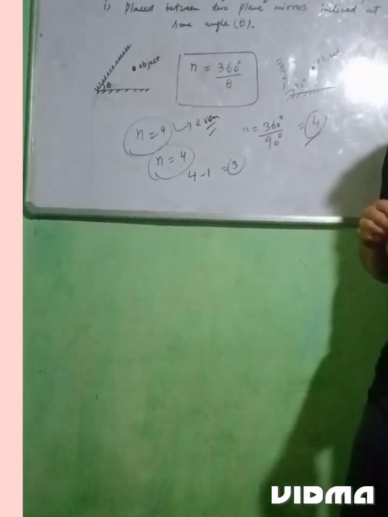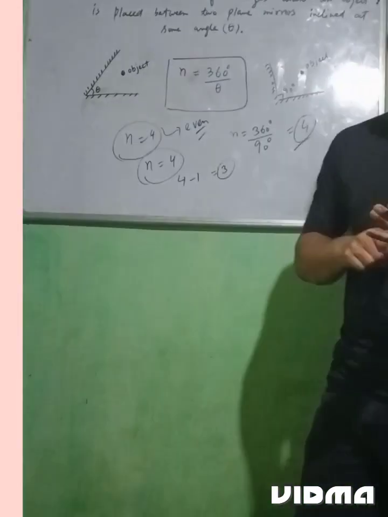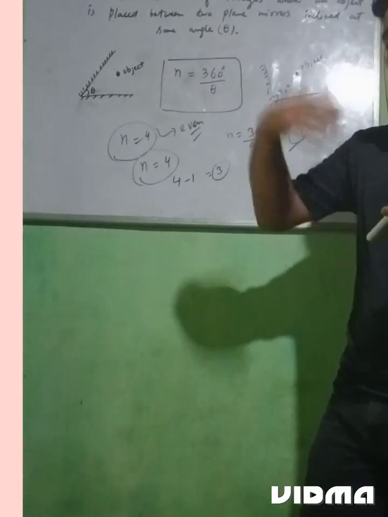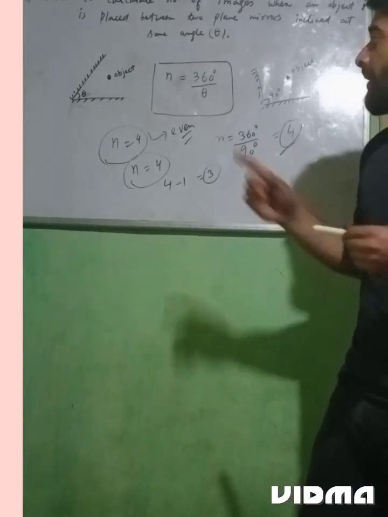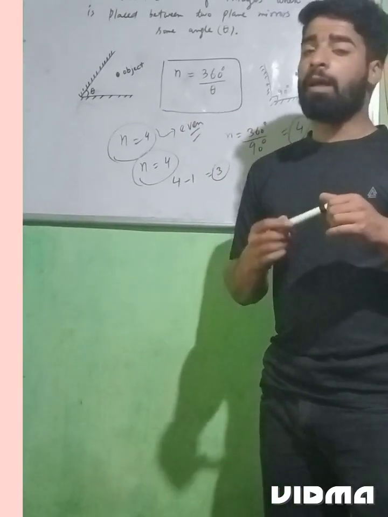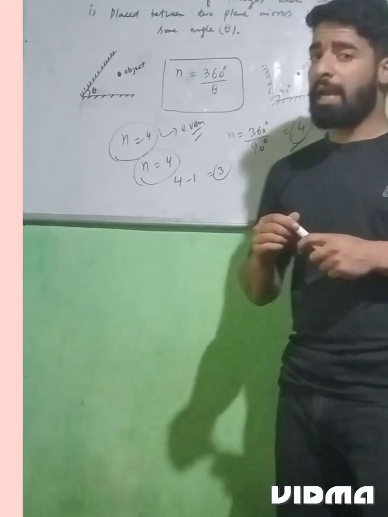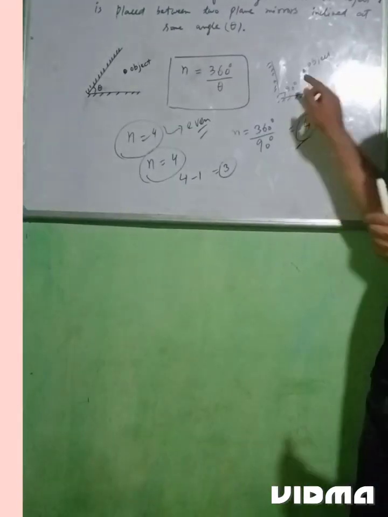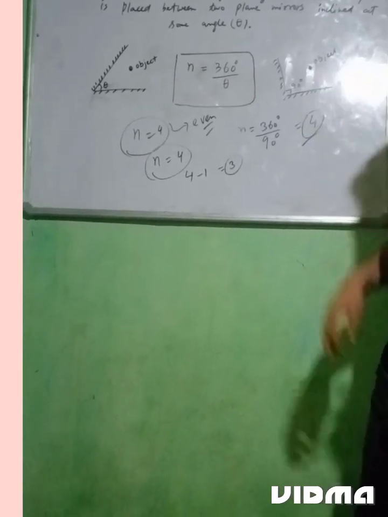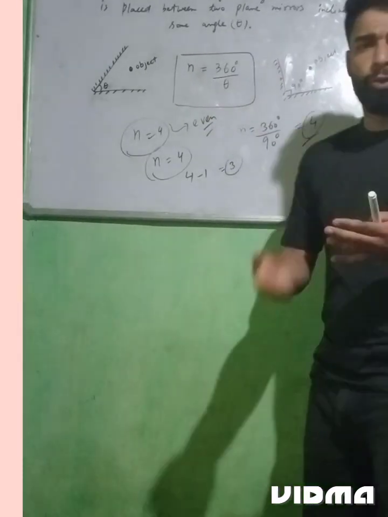If you are getting n equal to even, means that 2, 4, 6, 8, 10, 12, 14, 16, 18, 20 and so on, then you have to subtract 1 from the given answer to get number of images. Means that here there will be 3 images of this object. How we will go through?